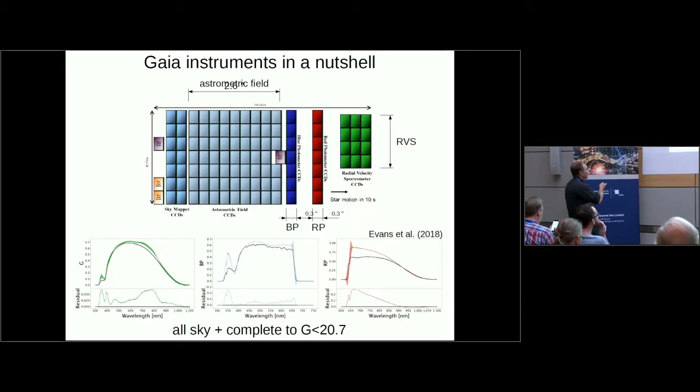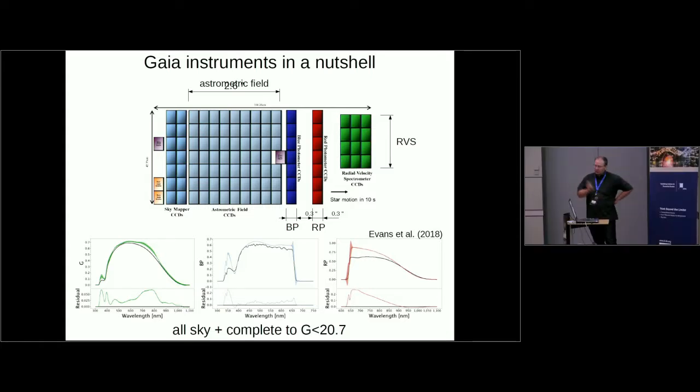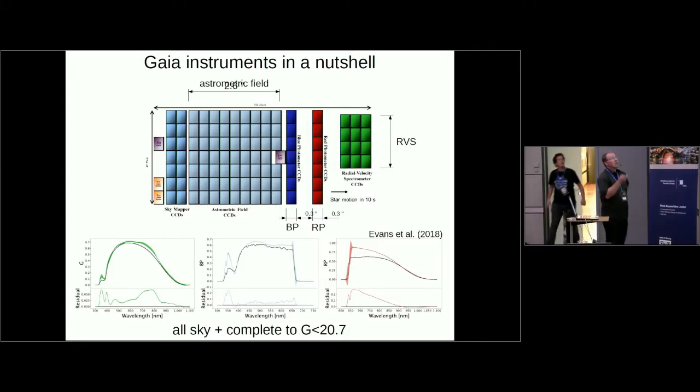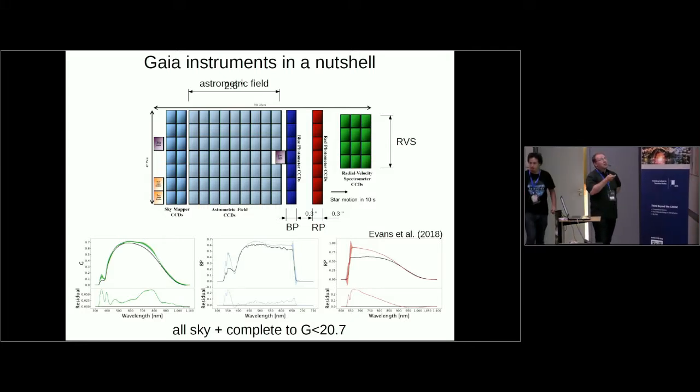This is the passband as published in the second data release, the estimate. As you can see, it transmits from something like 320 nanometers to over 1,000 nanometers. This is where the most important stuff is going on in Gaia. This is where the positions are measured, which go into the parallax determination, and also where the G-band photometry is observed.